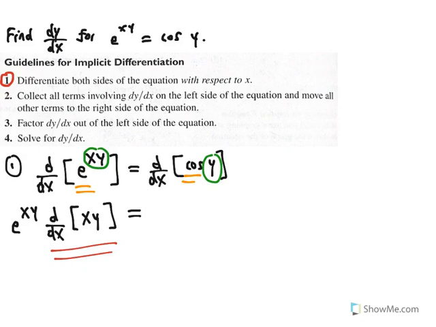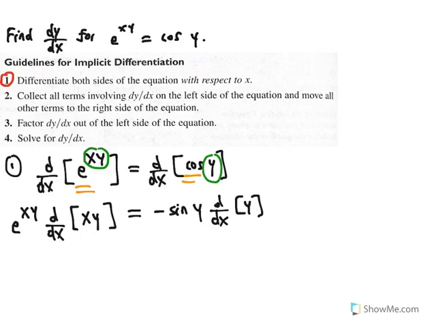So we see cosine of y as a composition of two functions. So we will take the derivative with respect to x using the chain rule. So begin by taking the derivative of the outside function. The derivative of cosine is negative sine. Evaluate that at the inside function and multiply by the derivative with respect to x of the inside function y.